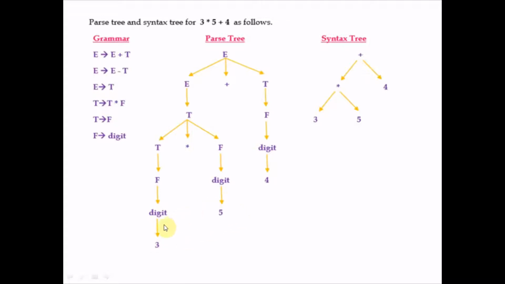Here the yield of the parse tree will be 3 * 5 + 4. The corresponding syntax tree will be plus, then star with 3 and 5, that is 3 * 5 + 4.